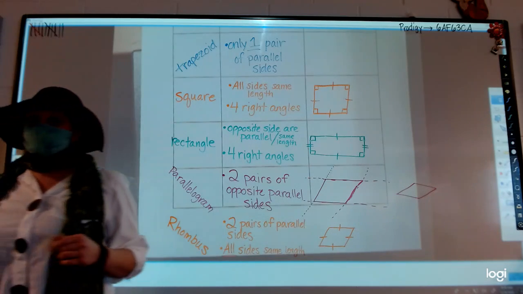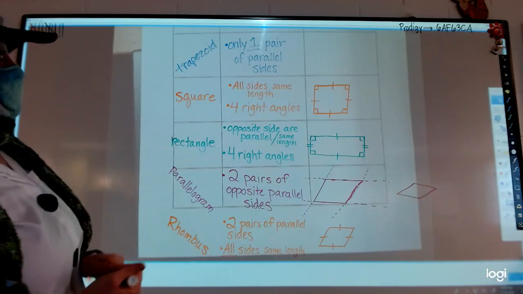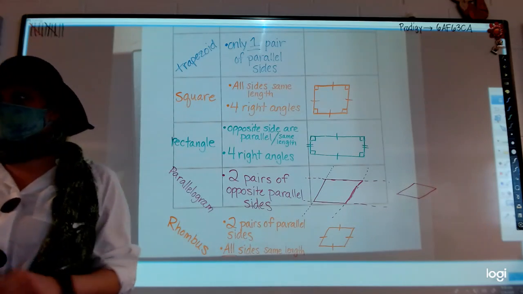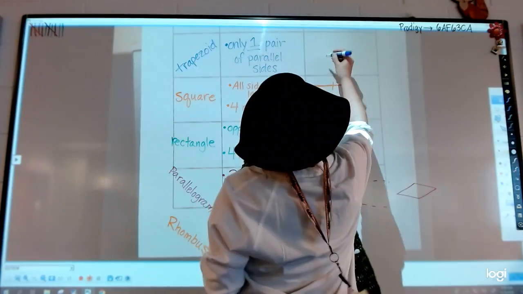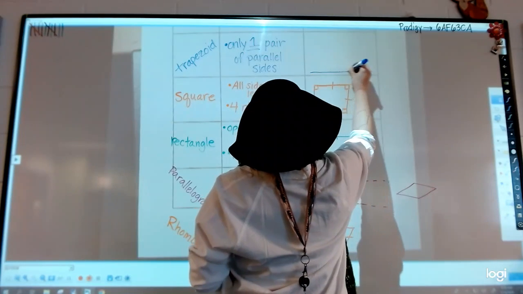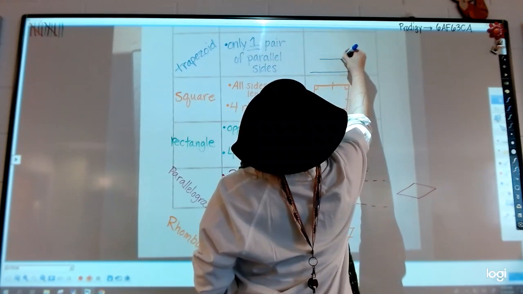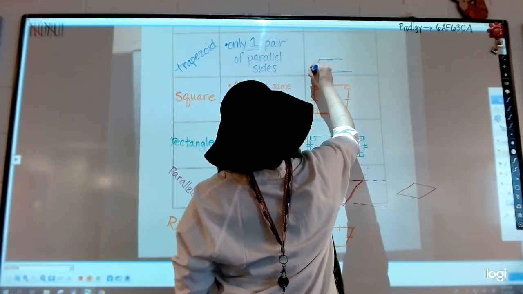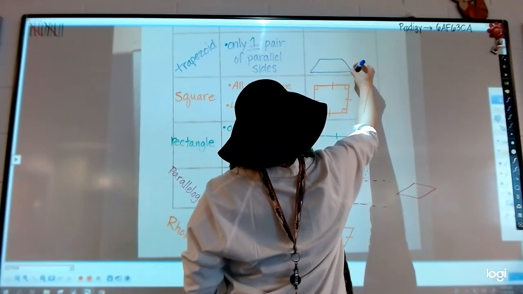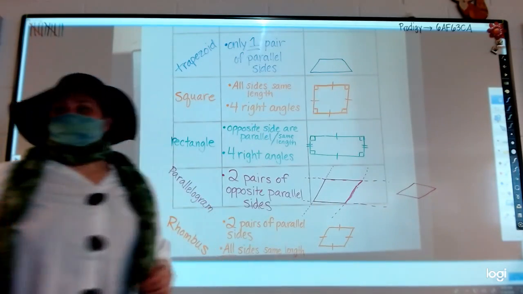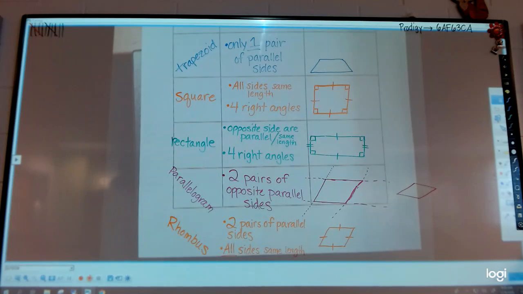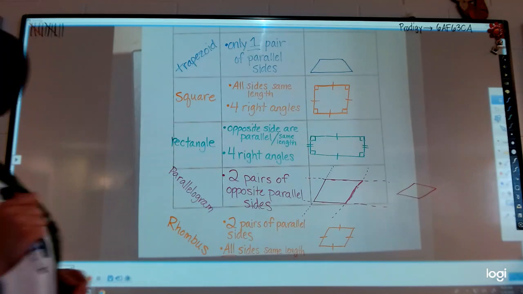So we're going to draw two examples of a trapezoid, because those are the main two types you see. One type of trapezoid you'll see, the bottom's really long, the top's kind of short, and the sides are angled. How do we know that's a trapezoid? How do we know it follows our definition? Only one pair of parallel sides.